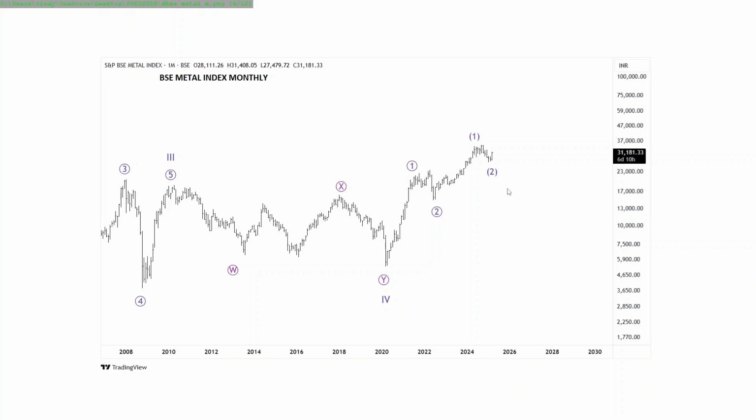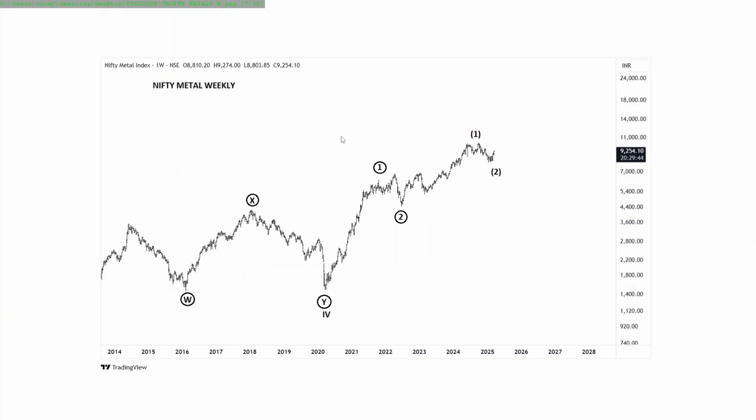So, moving on to the weekly chart of this index, we see that waves are clear on this weekly chart. Primary wave 1, primary wave 2 are complete, and now intermediate 1 and intermediate 2 are also complete. There is a remote possibility of this wave being the minor wave 3 and 4.